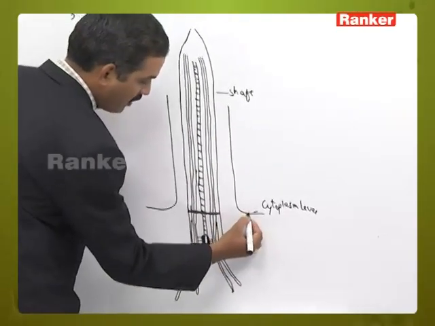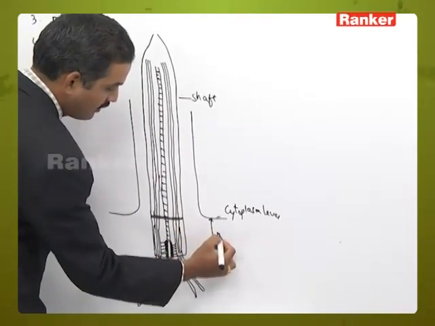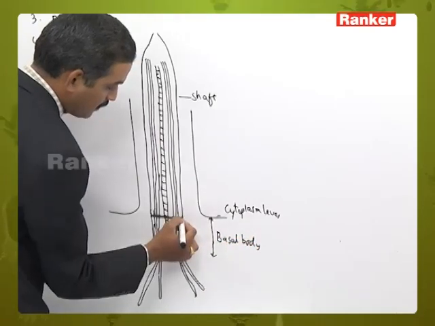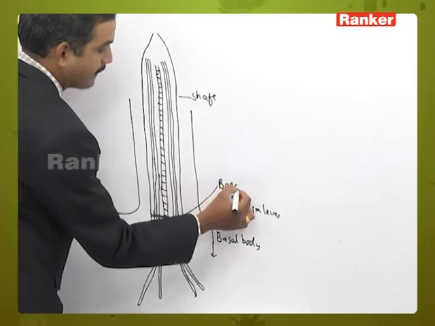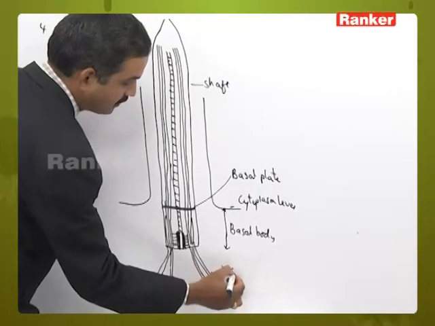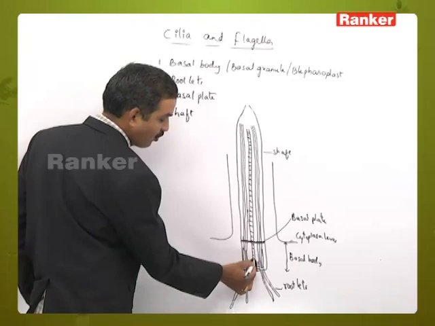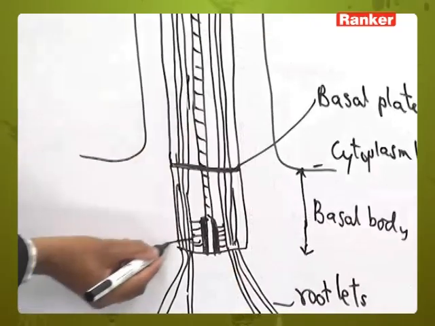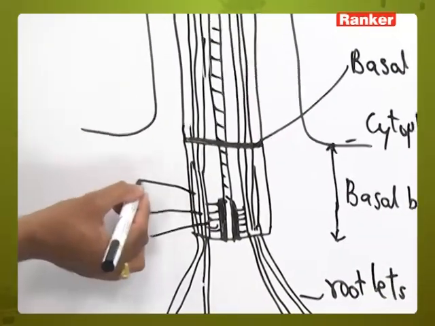So this is the basal body, from this region to this part. That means this part is called the basal body. This plate-like organization is called the basal plate. And these are the rootlets. So this is the central core region, and three subparts will be there. This is A, this part is B, and this one is C.